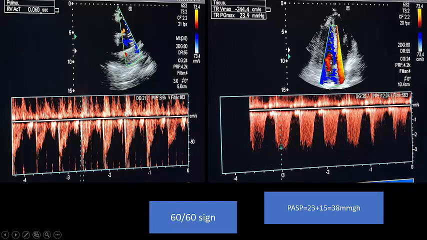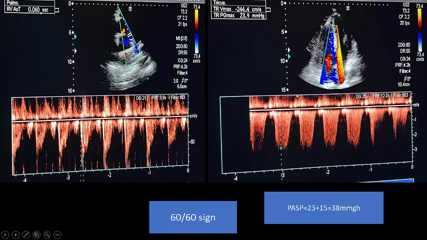In acute cor pulmonale due to pulmonary embolism, this time is very short, less than 60 milliseconds. In our patient, it's 60 milliseconds here. You also see a notched pulmonary artery flow, and the flow is below the baseline because it is moving away from my probe.